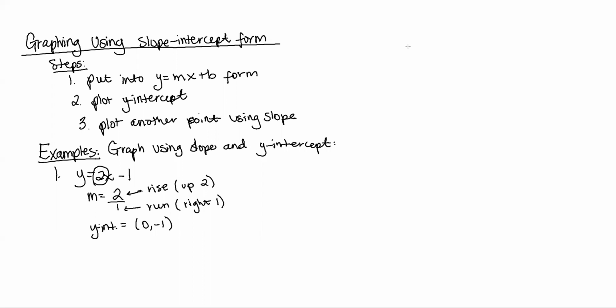All right, let me go ahead and set up our axes. Try to do these as straight as possible. And our horizontal axis. And we'll go ahead and put in some tick marks.